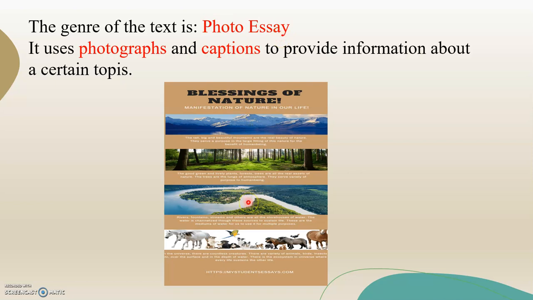In the photo essay, we use pictures, photographs, and captions, comments under each picture to provide us with information about a certain topic. So we can see different pictures with different captions under each picture to provide us with the information about what we are going to talk about. So the genre of the text is a photo essay.